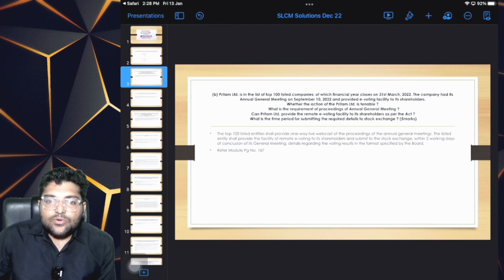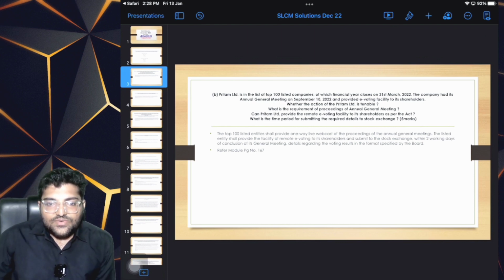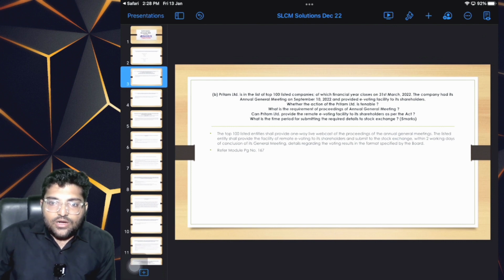Can Pritham Limited provide the remote e-voting facility to its shareholders as per the Act? What is the time period of submitting the required details to the stock exchange? So over here you need to refer to module page number 167, and it is specified that the top 100 listed companies need to provide an e-voting facility to their shareholders and need to submit the details to the stock exchanges within 2 working days of the conclusion of the meeting, right?